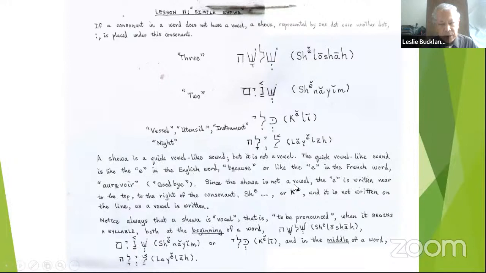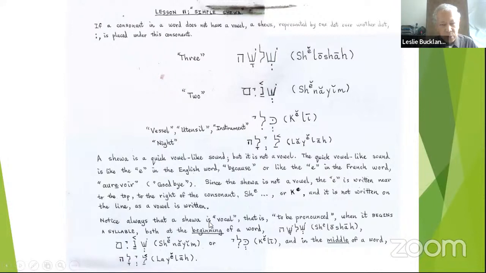Since the schwa is not a vowel, the e is written near to the top, to the right of the consonant, like she, ke, and it is not written on the line as a vowel is written.